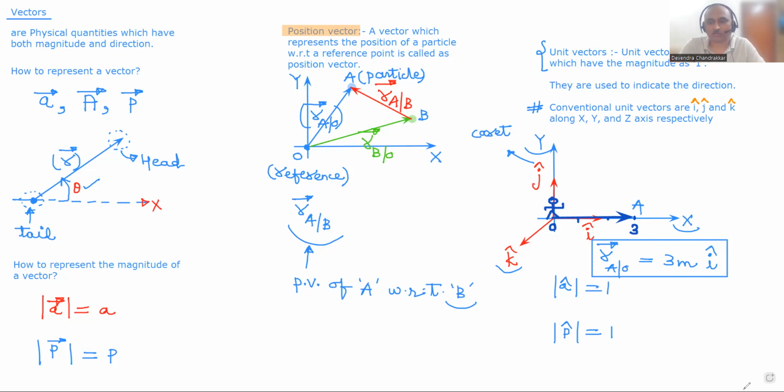Very good. So now let's discuss addition of vectors. Why we are studying vectors is a very obvious thing, because without vectors and calculus, you will not be able to learn physics in a more lucid, clearer way.